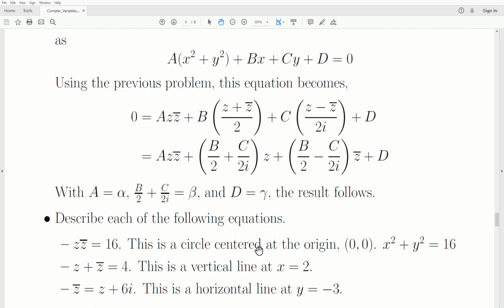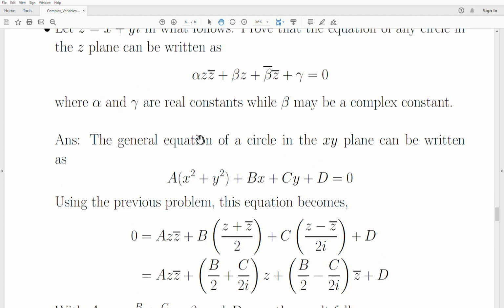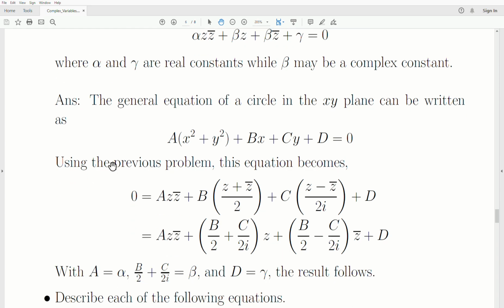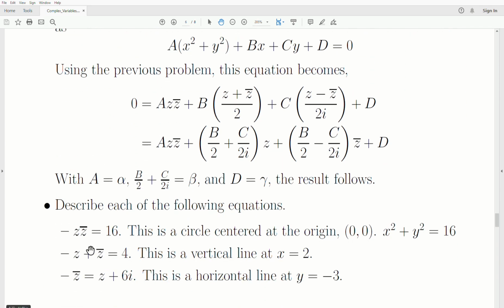Now, quickly, let's look at some examples. Oh, and before we go, one note: without this product, the alpha term, we get lines in the complex plane, and then we'll show that. So z times the conjugate of z equals 16. This right here is x squared plus y squared equals 16, and that's a circle centered at the origin 0, 0, with a radius of 4.